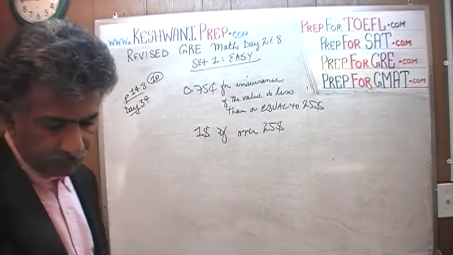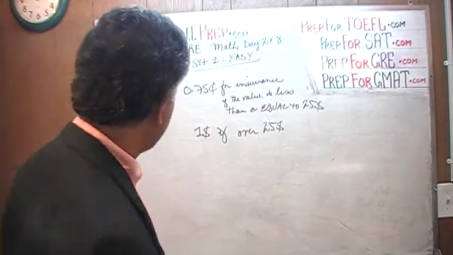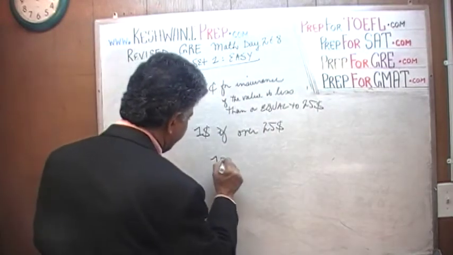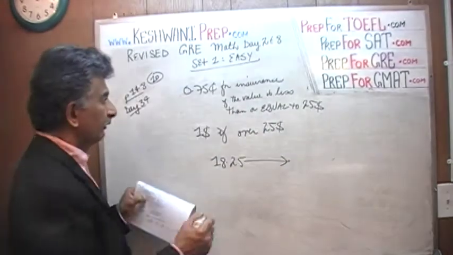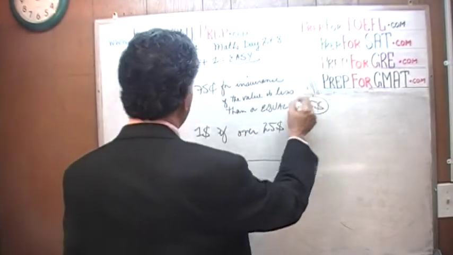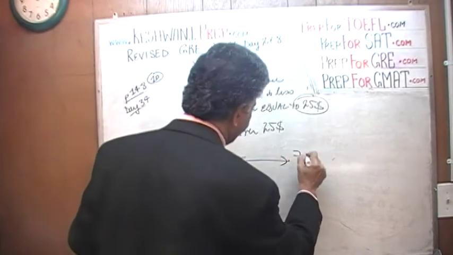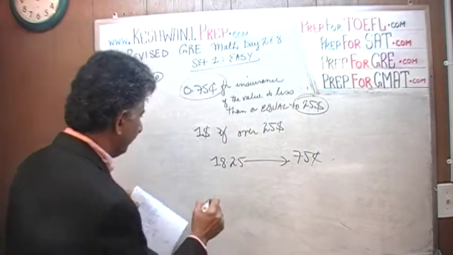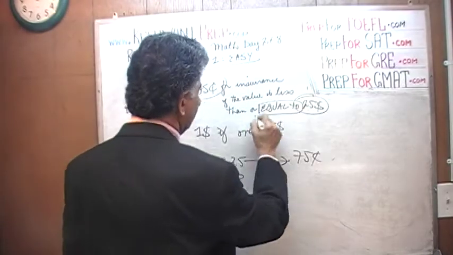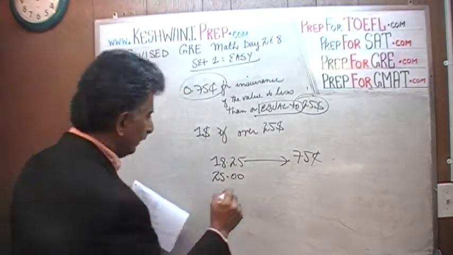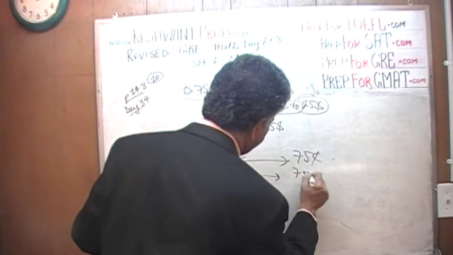And we are told that we're going to send 3 packages. The first one is worth $18.25. Since it is less than $25, we're going to pay 75 cents. The next one is exactly $25, and we are told less than or equal to, so since it is exactly $25, that is also going to be 75 cents.